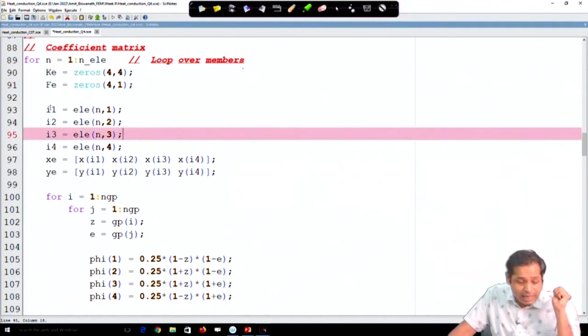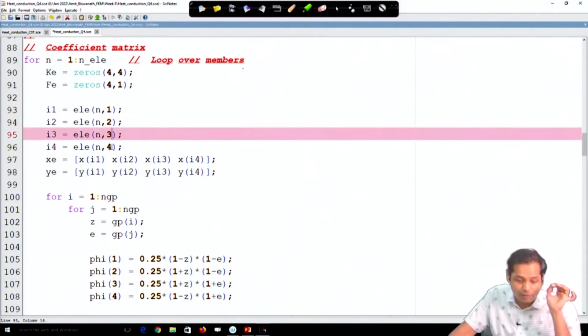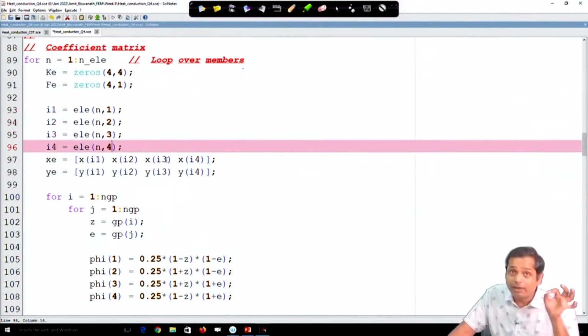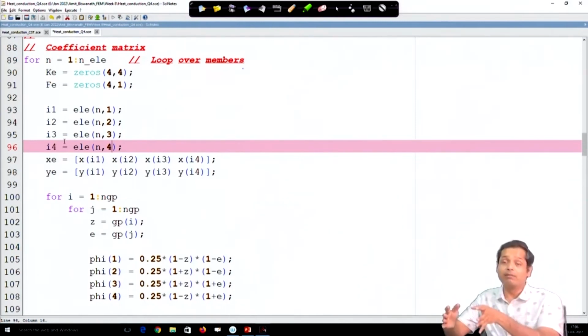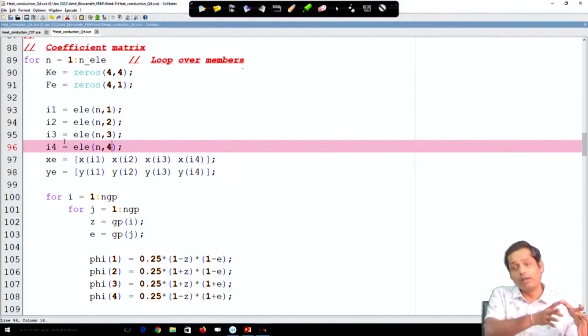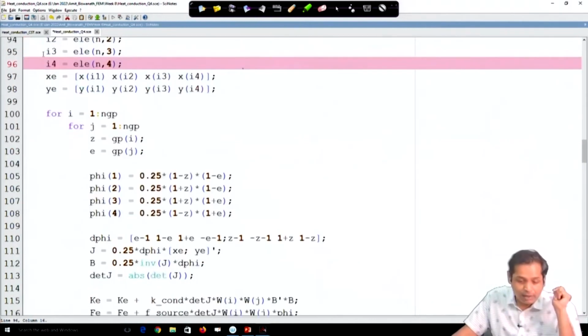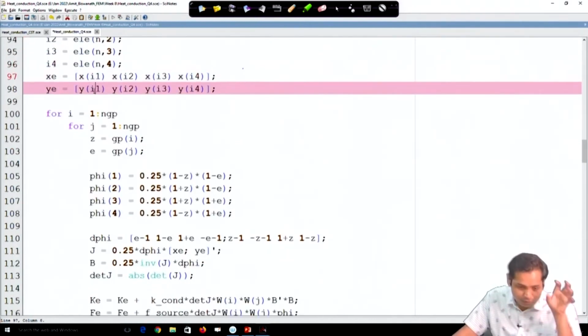Now these I1, I2, I3 and I4 are the global node numbers for a particular element, where 1, 2, 3, 4 are the element level node numbers. Here, for a particular element level node number, what will be the corresponding global node number, because assembling needs to be done based on the global node number. These are the x coordinate, y coordinate.